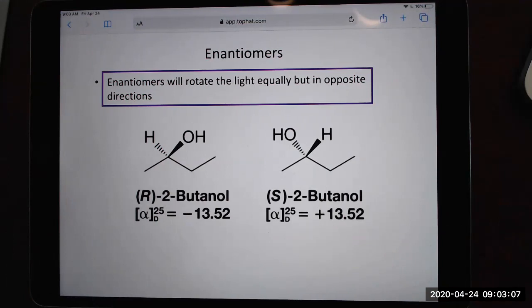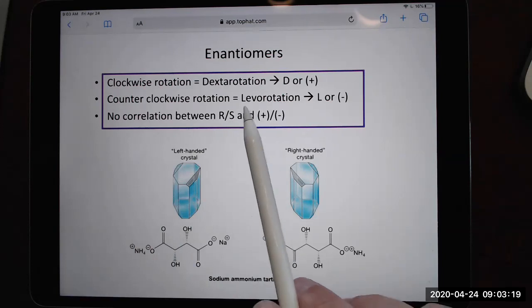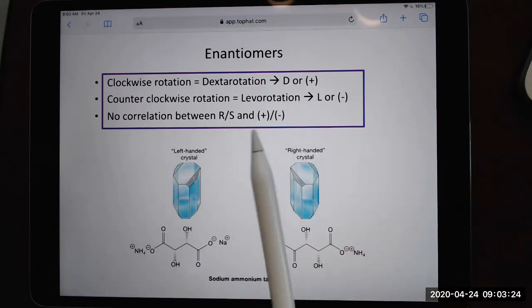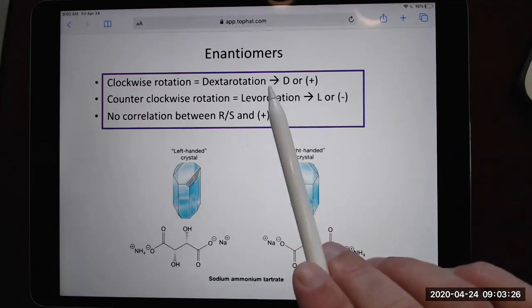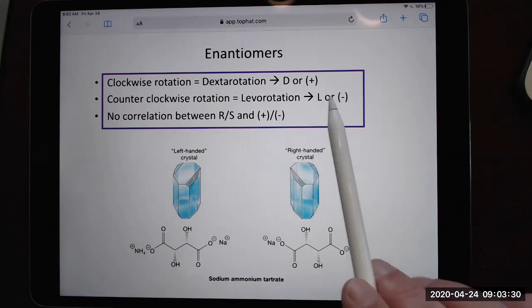The other difference is how they interact with other chiral molecules. If you have the R, it's going to go one way. If it's the S, it's going to be the other. If it rotates light clockwise, we call that D, or dextrorotation.